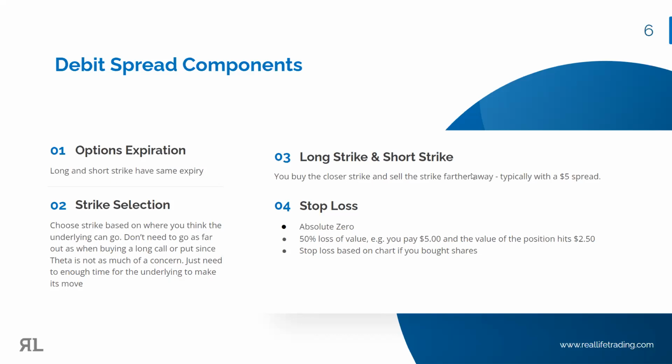Okay. So in the previous example, if it was a $2 cost to do that debit spread and you have a $200 R, then if you're using that type of stop loss, you can do 2 contracts, right? Because 2 contracts is going to cost you 400, but you know that if it hits 50%, you're going to exit.